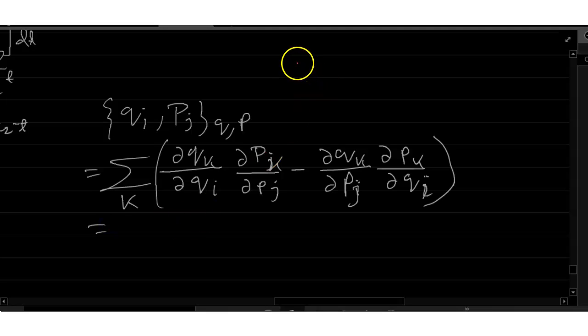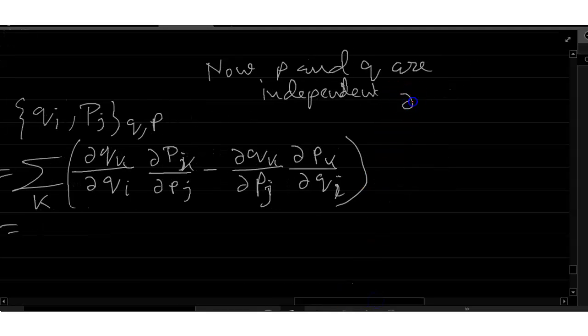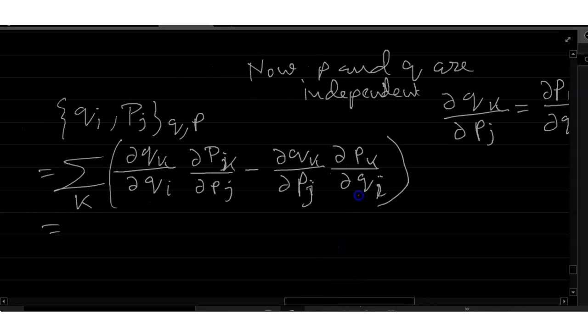Now p and q are independent. So ∂q_k/∂p_j and ∂p_k, this portion is 0.